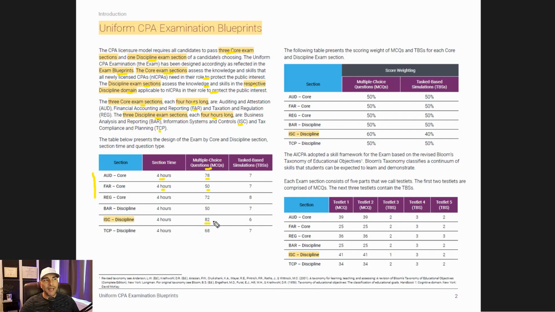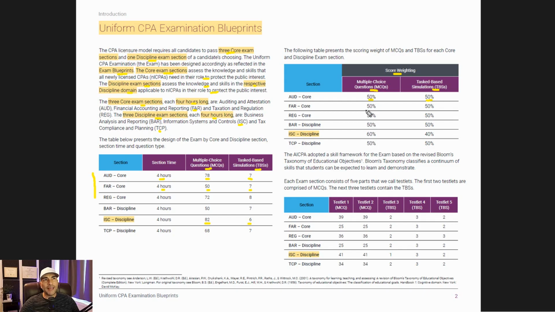If you choose ISC, it's going to have the most multiple choice questions, but it's going to have the least task-based simulations. So we can see here for task-based simulations, Aud has 7, FAR has 7, and ISC has the fewest at 6. Now, when it comes to weighting of the score, the multiple choice questions are generally 50% of your score, and the task-based simulations are the other 50% of your score.